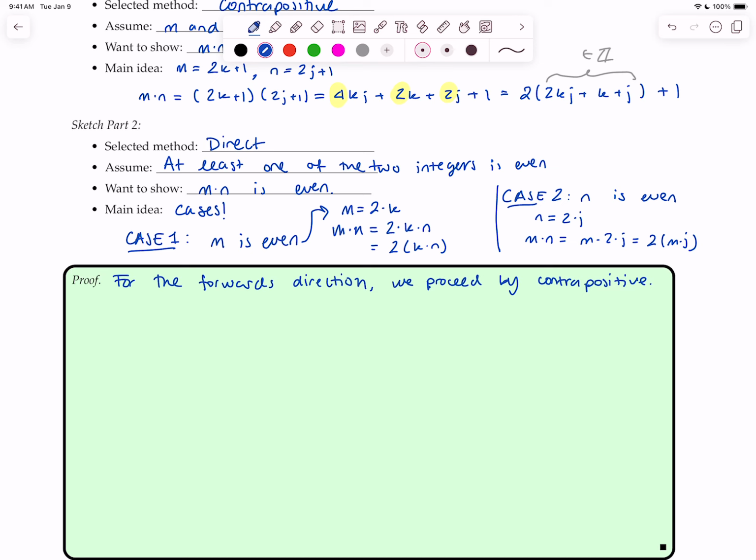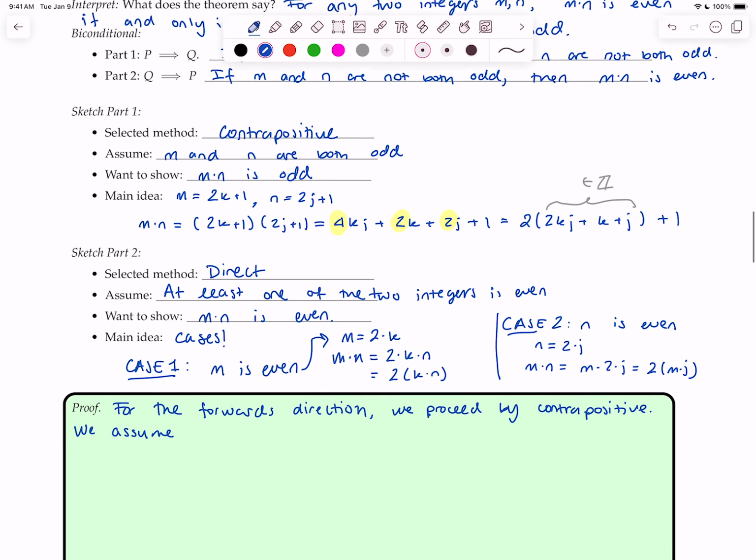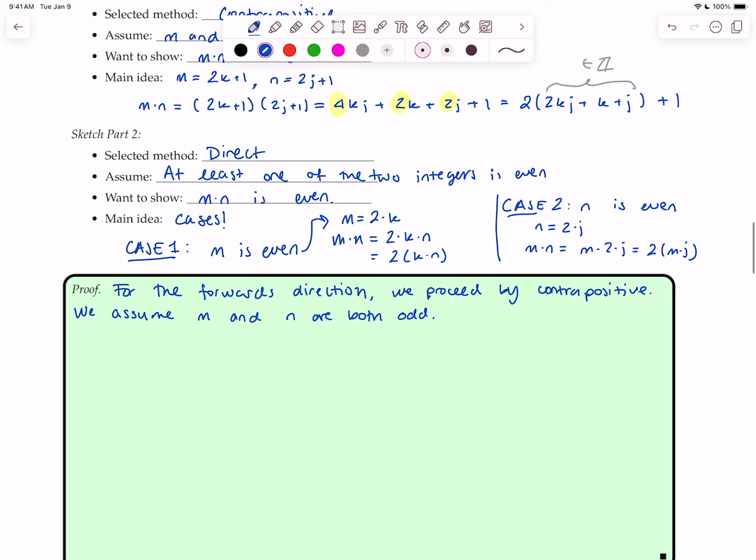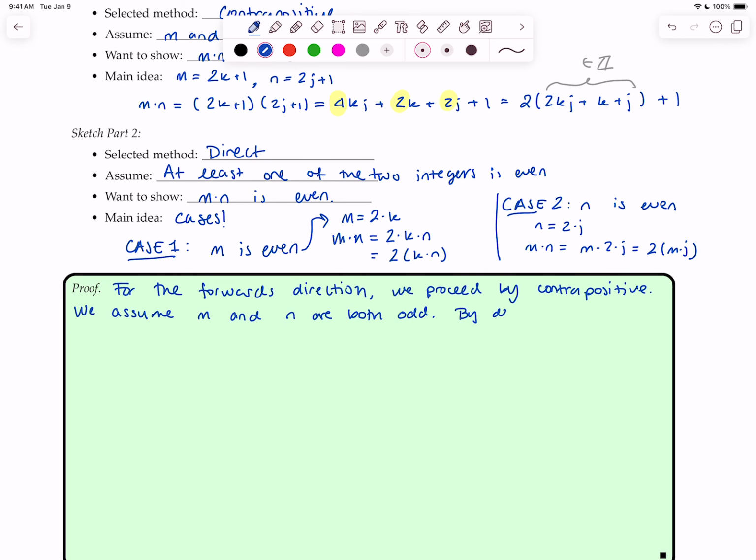What are we allowed to assume? We assume M and N are both odd. Okay. What does that mean? Well, by definition, M is going to be 2k plus 1, and N is going to be 2j plus 1 for some integers k and j.